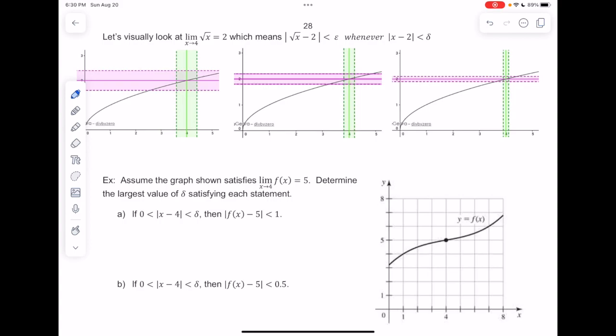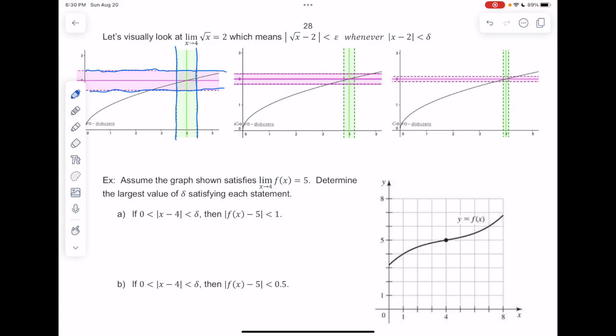And if you look at that in terms of the picture, suppose they gave us an epsilon like this, and we added and subtracted from the limit and said make sure you stay in between those two lines with your function. Someone else comes along and says, yeah, just make sure you stay within this distance of 4, and then the square root of x will stay within that horizontal distance of 2.